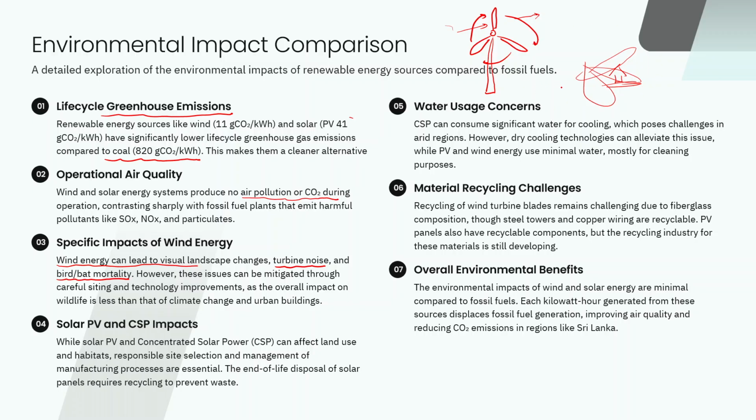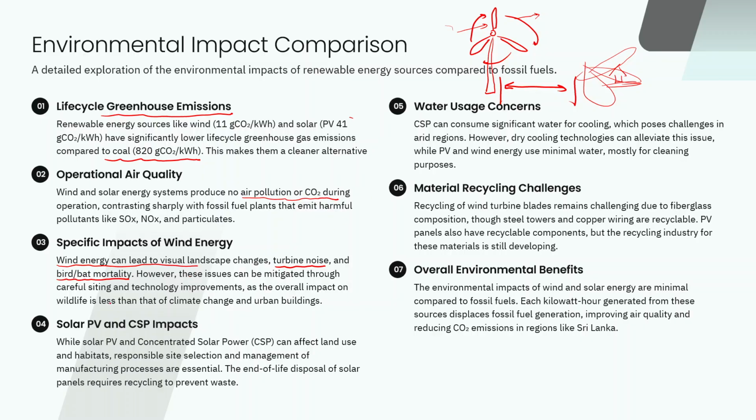Because of that, typically there should be a certain area between the turbines and the typical residential area. So you have to keep certain land free for this purpose. Otherwise the people will experience these effects, and sometimes that can lead to various other illnesses like nausea and so on. Okay.